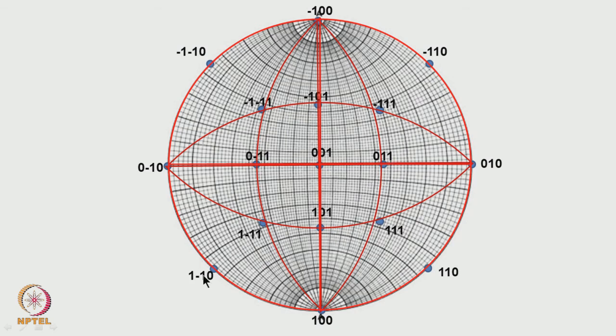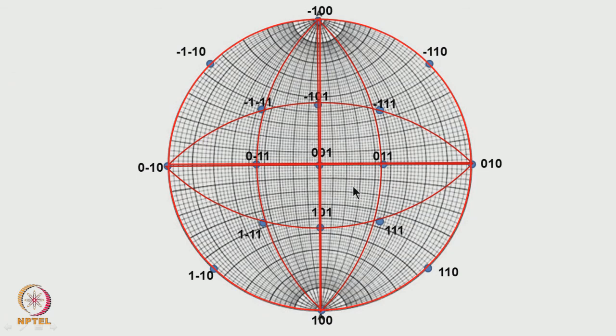And the great circle corresponding to 1-bar0 will also be the line which is passing through this. Okay. These two intersect at 112. That is because 112 is 90 degrees away from 1-bar0, and it is also 90 degrees away from 1-bar1, and the great circles corresponding to both of them intersect at this point. So that intersection point should correspond to the 112 pole.